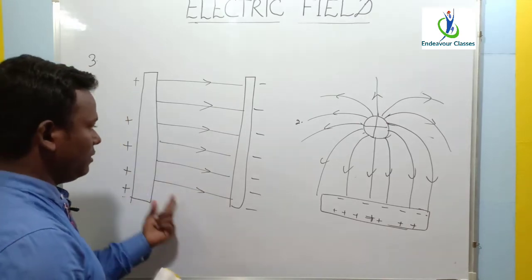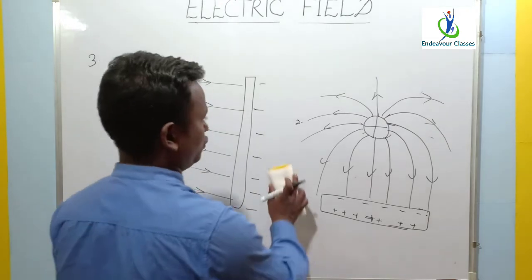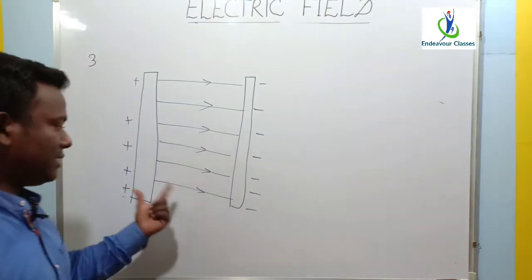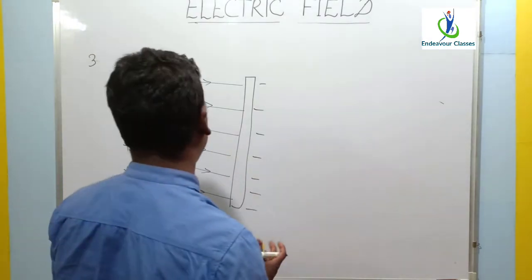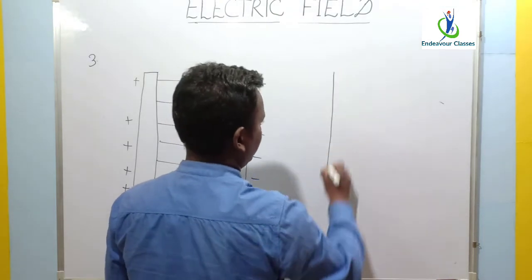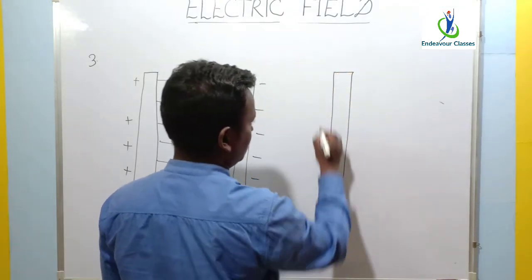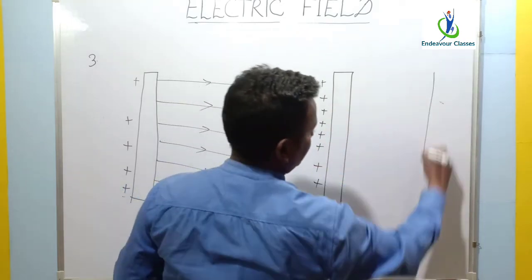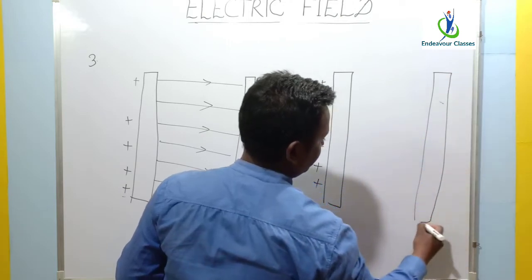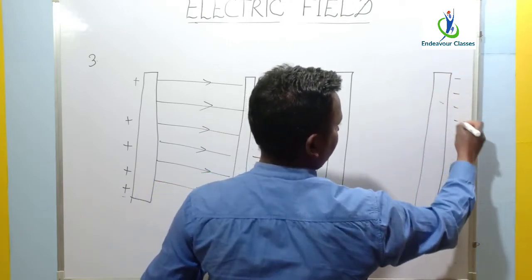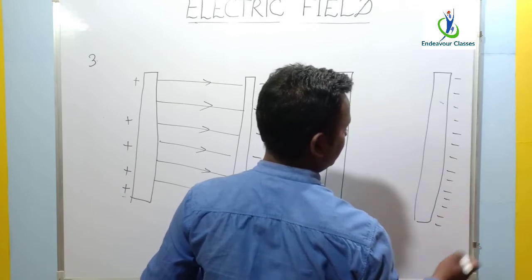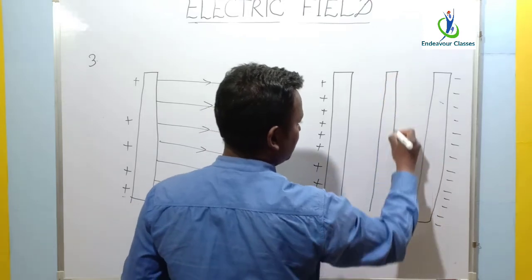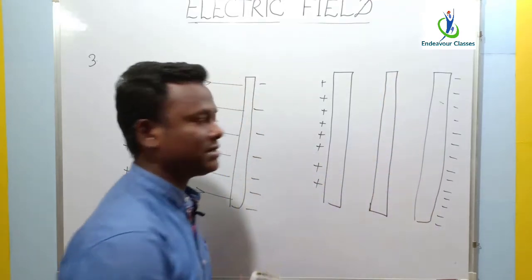Now there is another exception to this case also. Suppose in this similar case we place a conducting sheet in between these two plates. Suppose this is the positive plate and this is the negative plate. First let us place a conducting thin sheet.